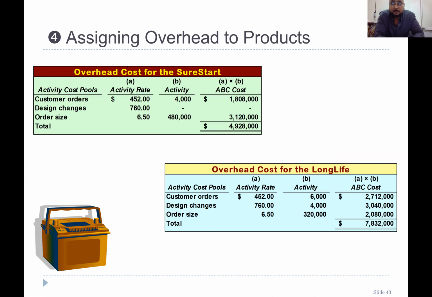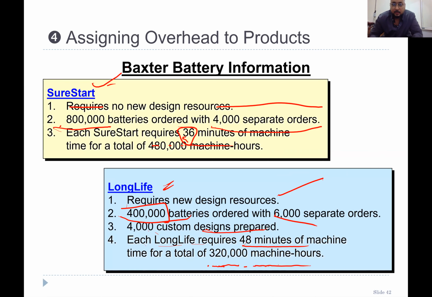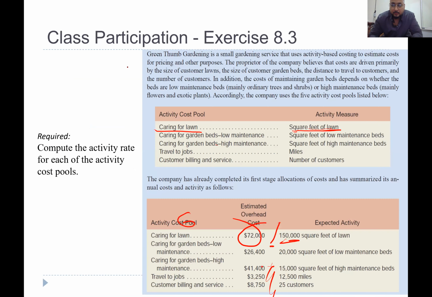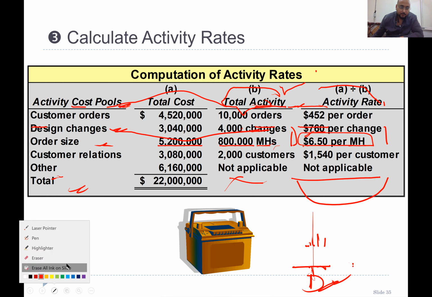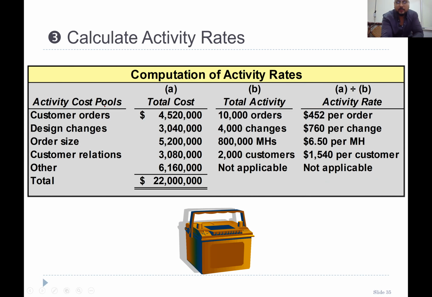So we already have overhead rates, right? We already calculated them from the first stage and second stage allocation here. Let me clear this mess here. So customer orders, per order 452.